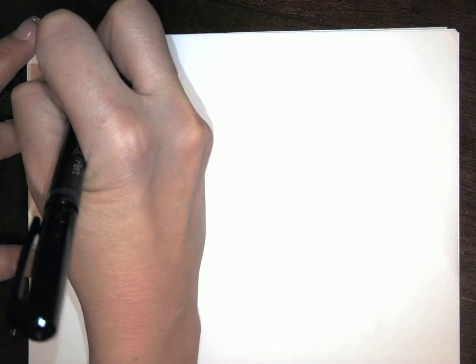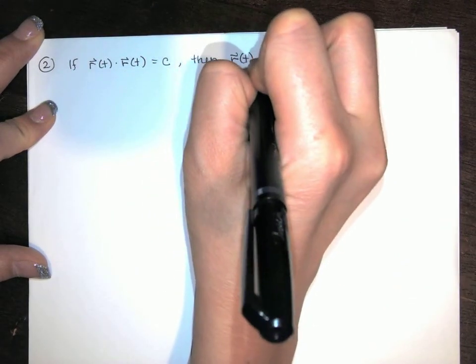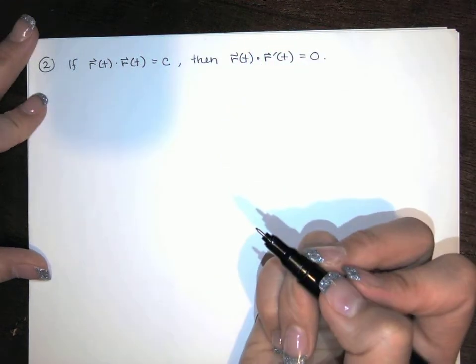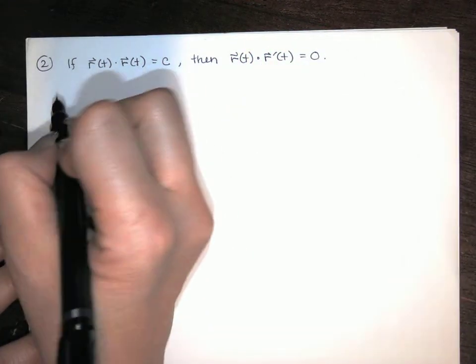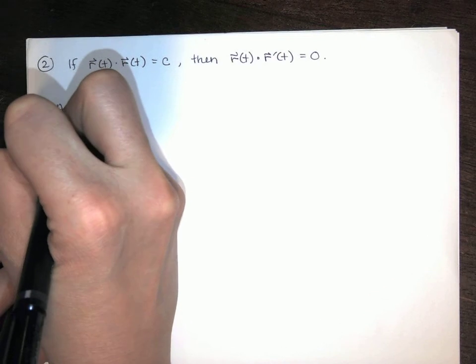So I'm proving the second one, and here's what I'm trying to prove. I'm trying to prove that if r dotted with itself is a constant, then if I take r and dot it with r prime of t, I'm going to get 0. It's actually pretty simple. Well, let's just make our assumption.